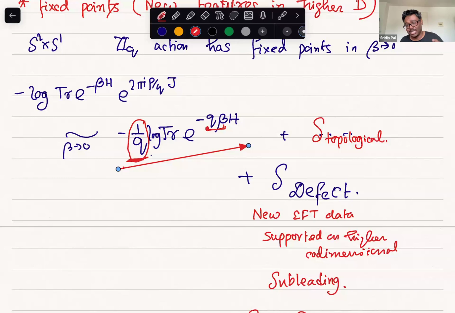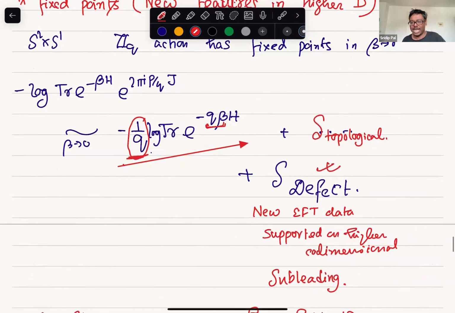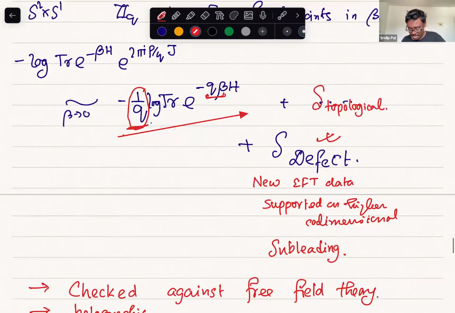And if you have fixed points, then there will be a singularity at the tip of the cigar, and somehow that should get resolved. And that mechanism should also give you the S defect for the holographic CFTs. So that's one thing to think about: what would be those actual smooth solutions for the cases where you have this singularity in the bulk.